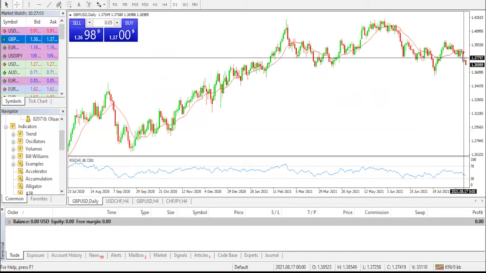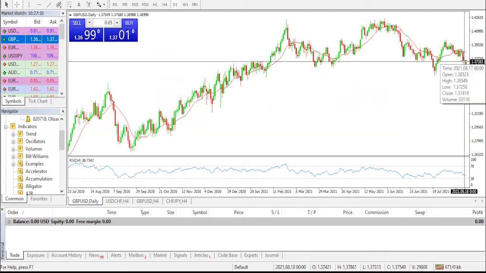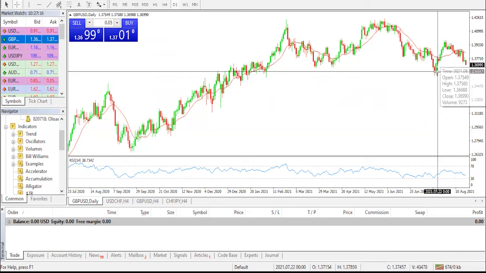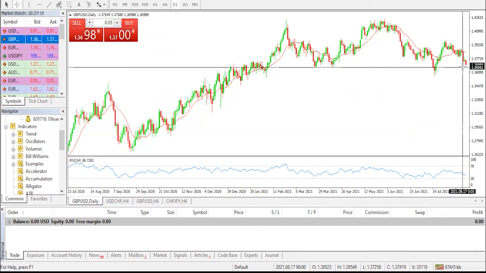And moving ahead to the major support zones, we have 1.3700, also 1.3680, and finally 1.3660. So putting all this in check, we should have an overall downward trend.